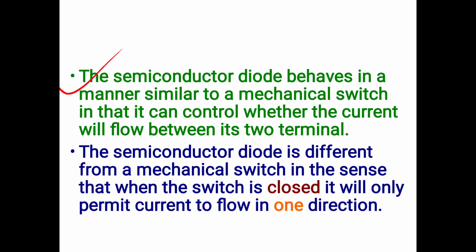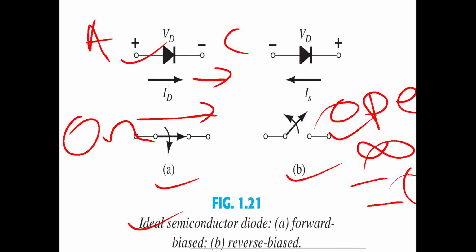The semiconductor diode behaves in a similar manner to a mechanical switch in that it can control whether the current will flow between its two terminals or not. But the semiconductor diode is different from a mechanical switch in the sense that when the switch is closed it will only permit the current to flow in one direction.